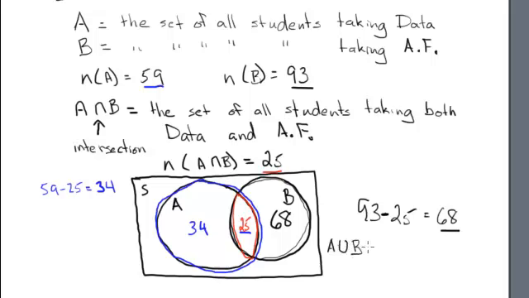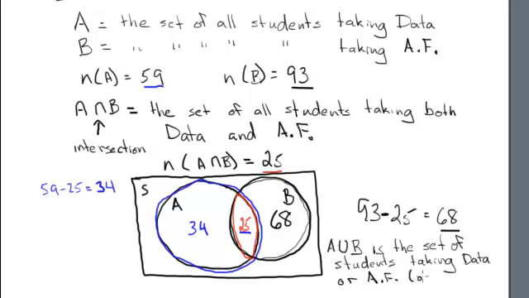So the union of A and B is the set of students taking data or advanced functions, or both. So basically they're taking one of A and B or both of A and B. So basically you're just going to add up all the numbers here.